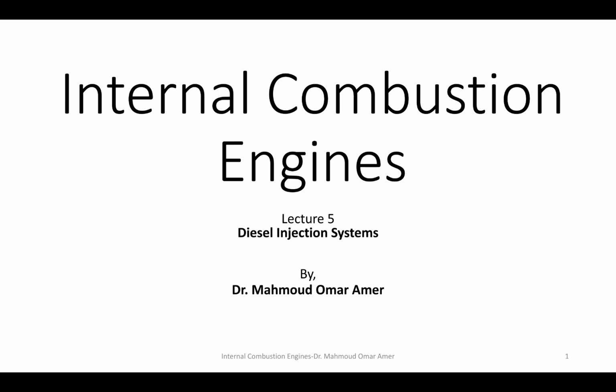So if we wanted to increase the compression ratio to get more power, we had to move to the indirect injection engines. And in the indirect injection, we add a breathe chamber in the cylinder head, where the injection is done in the breathe chamber.